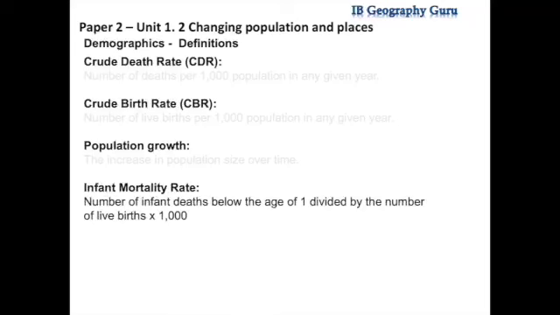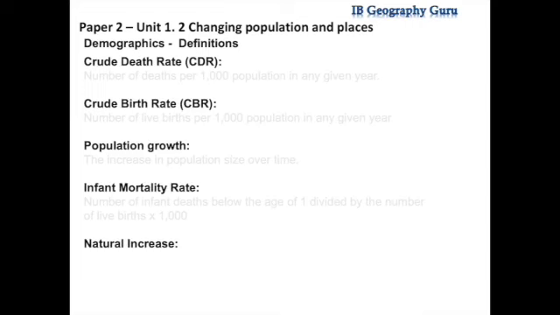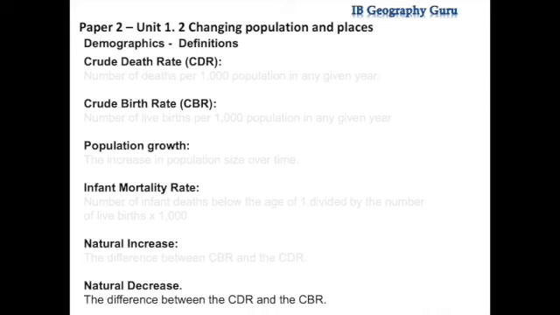Infant mortality rate is the number of infant deaths below the age of 1 divided by the number of live births times 1,000. The natural increase is the difference between the CBR and the CDR, and natural decrease, which you'll find will only occur in stage 5 of the demographic transition model, is the difference between the CDR and the CBR.